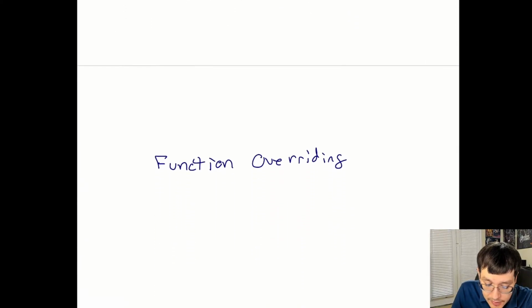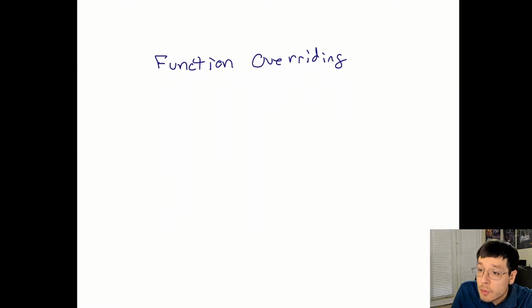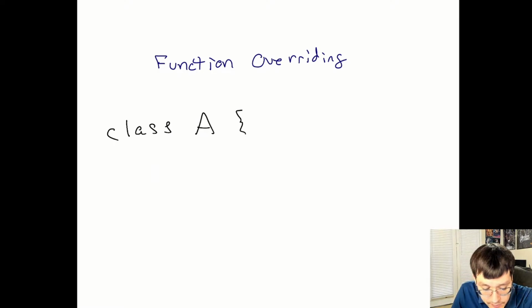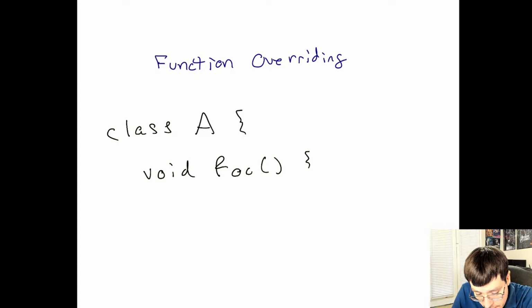Okay, moving into function overriding. So once we discovered what classes were, we were able to do something like this, right? We would write a class called A, and in that we could write a function, let's say we write a function foo. This function does something. Again, it doesn't really matter right now what it does.